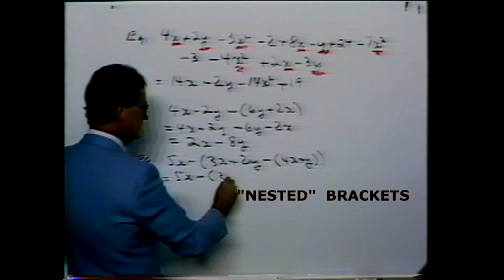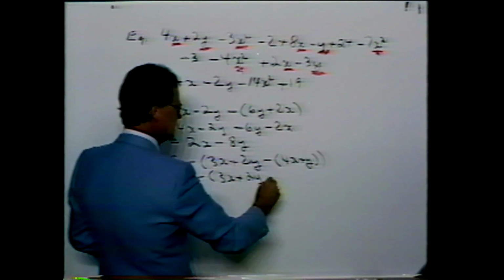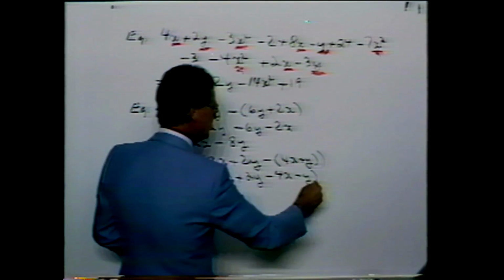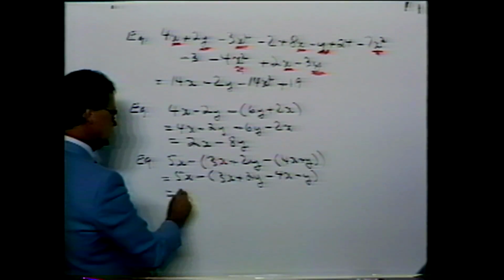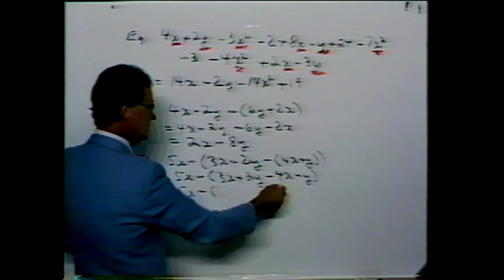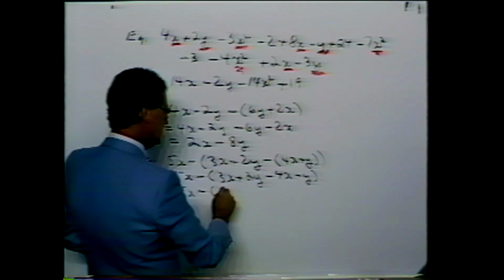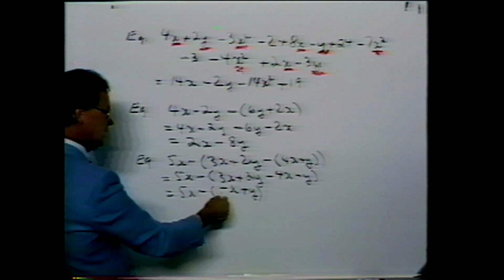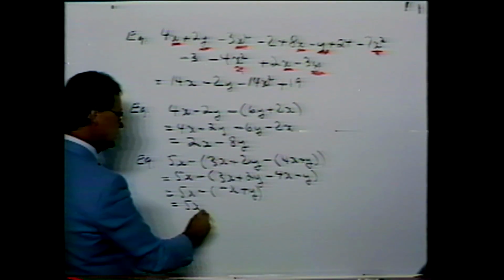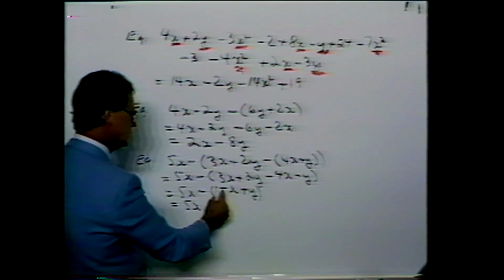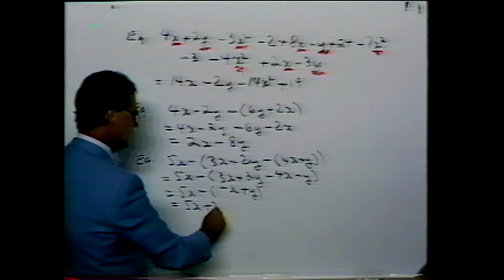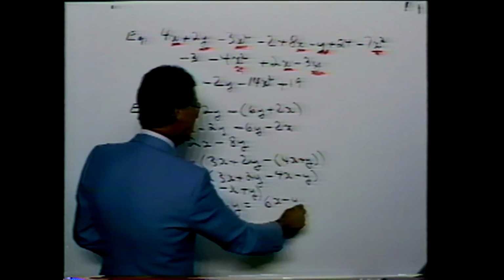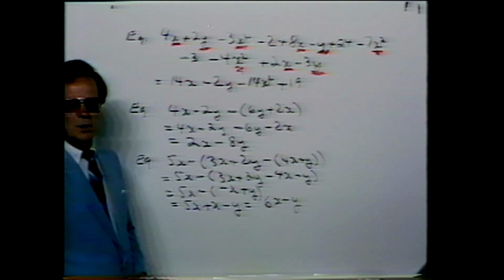And so, all these other parts are not changed, but this becomes minus 4x minus y. We can now simplify what we have within this set of brackets, and that's negative x plus y. This negative sign expects you to change the signs inside of the brackets, resulting in plus x minus y, and finally 6x minus y is the result we want.